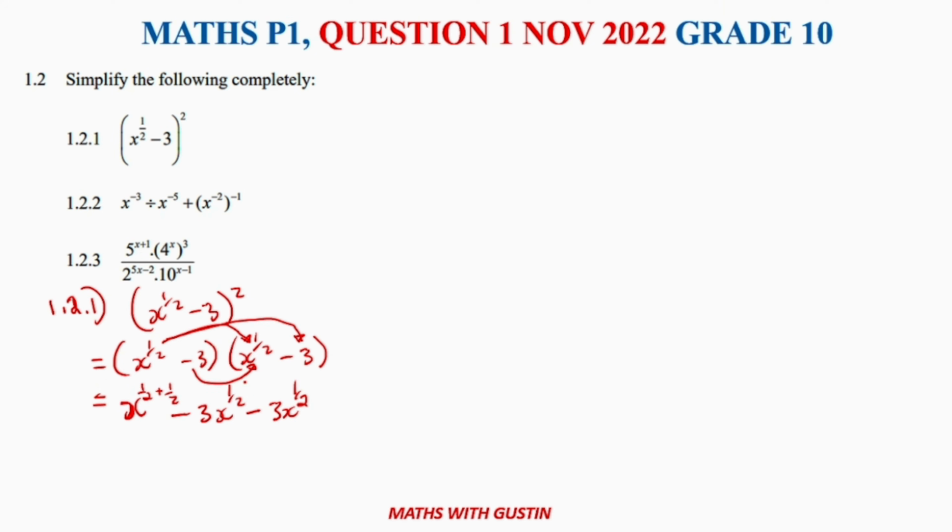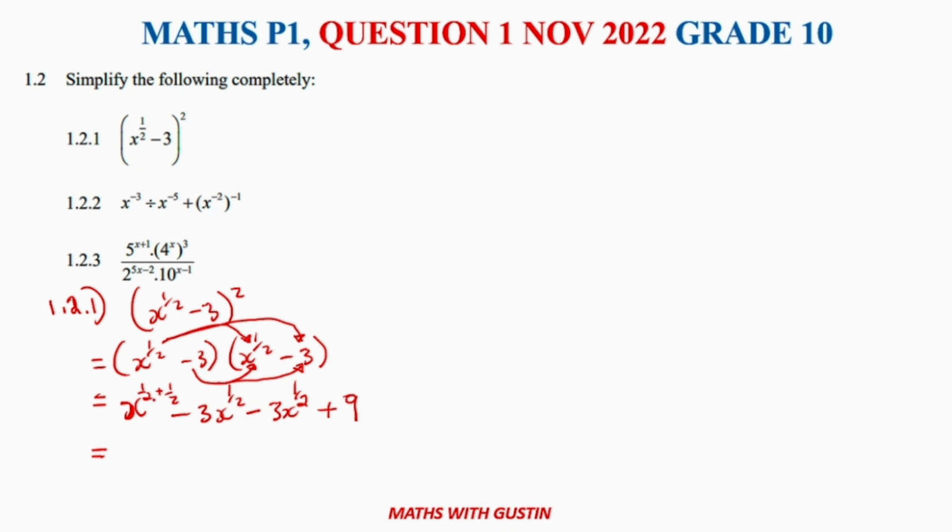This multiplied by that, and then also negative 3 multiplied by that. Negative times negative gives us positive. If you are struggling, please watch a video on the maths basics on this channel, where we explained how to do questions like these. And then 3 times 3 gives us 9.